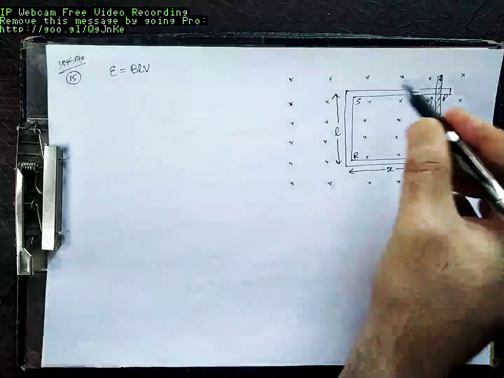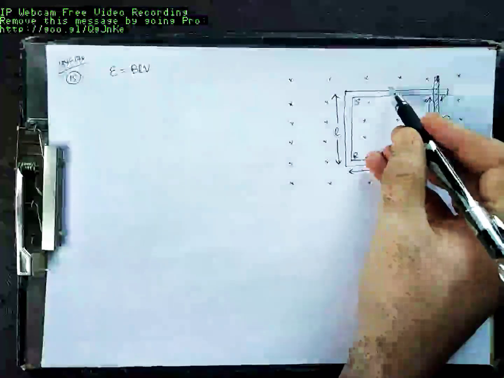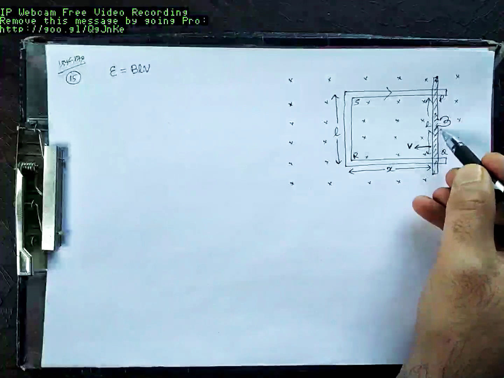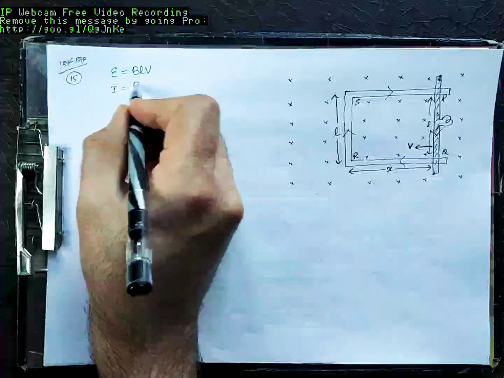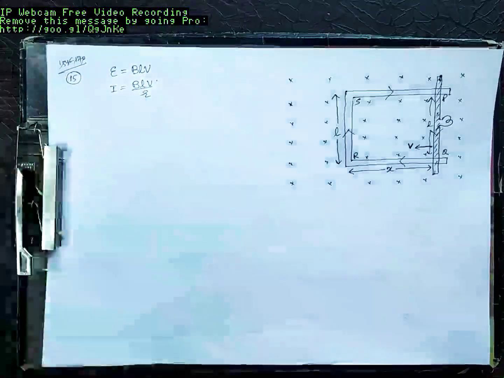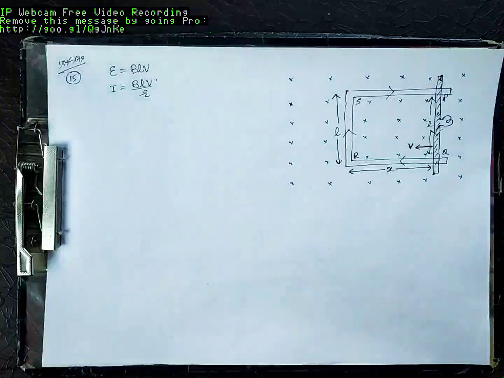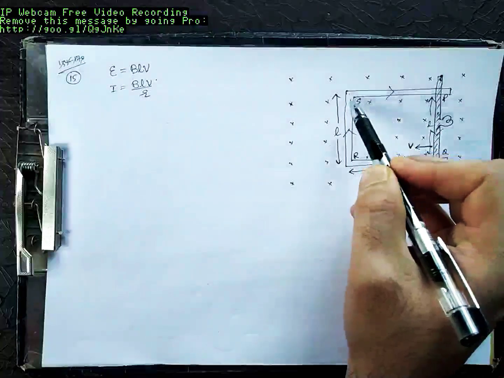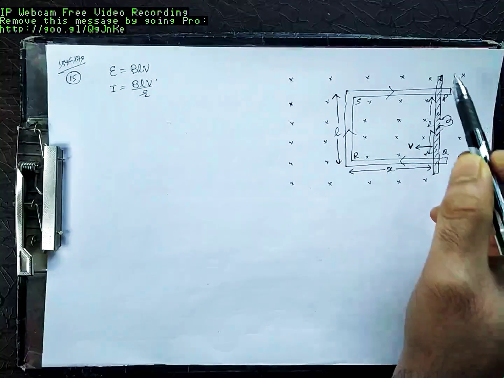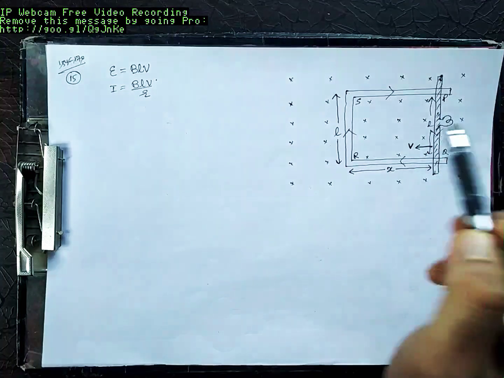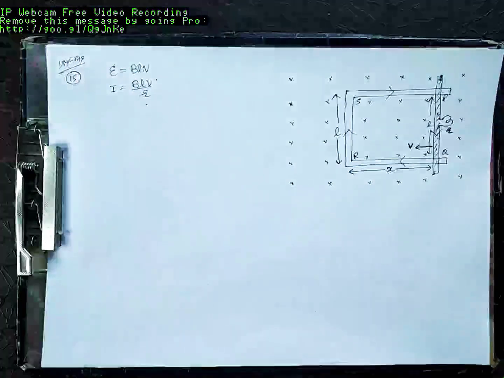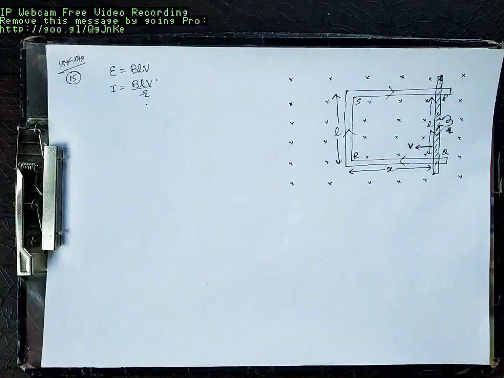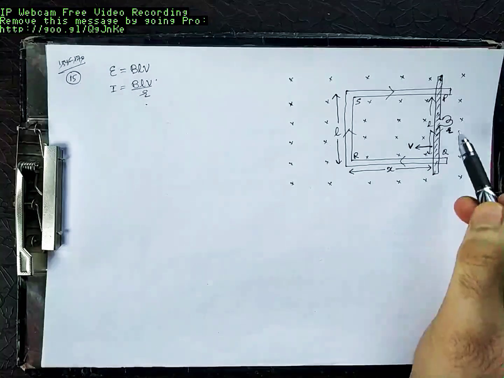And current through this loop, which was in clockwise direction when we move this towards left, current I was equal to BLV divided by R. Here I am assuming the resistance of this part of the loop is negligible, but this whole resistance R is the resistance of this lamp or this bulb. You will come to know why I marked this resistance as R.